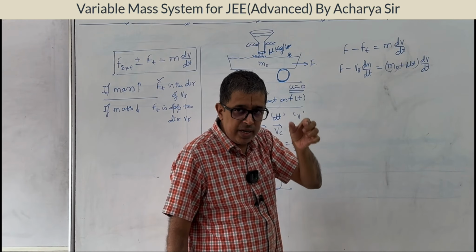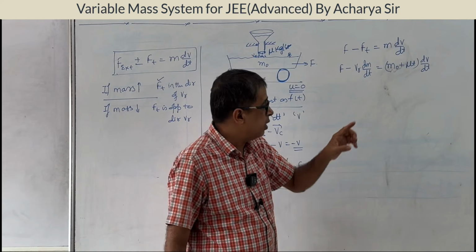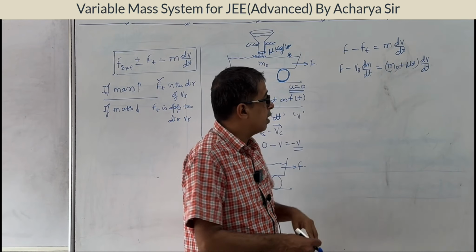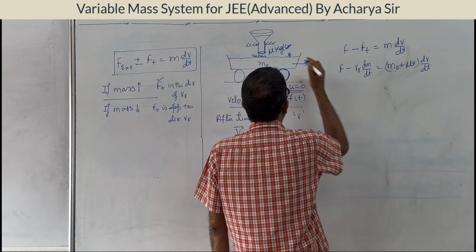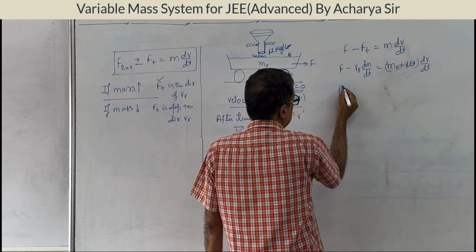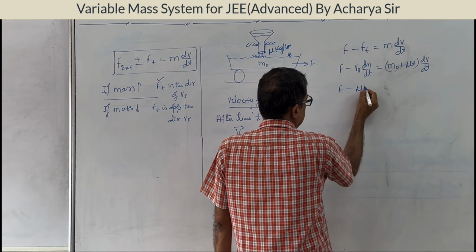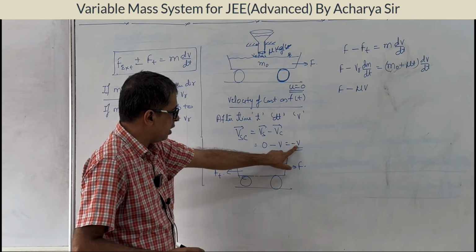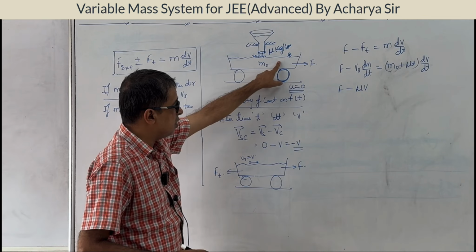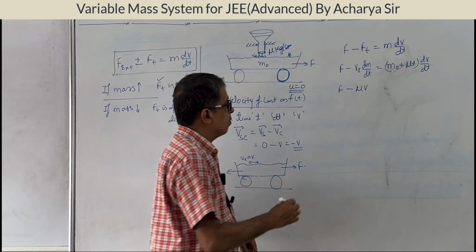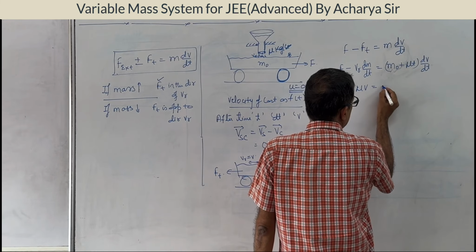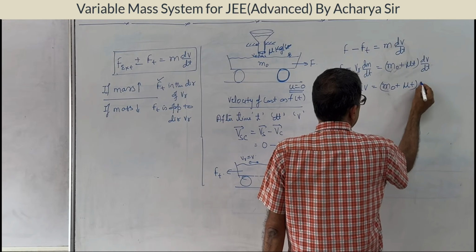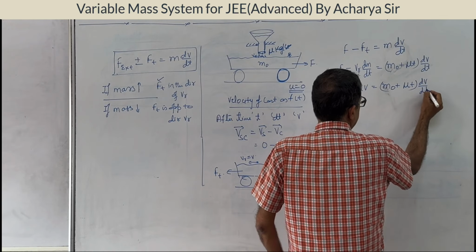Vr dm by dt, I have taken the magnitude. Negative sign because of the direction of the thrust force. Dm by dt is the rate at which sand is spilling into it. F minus mu v. And what is the value of relative velocity? It's equal to v, velocity of the cart, will be equal to m naught plus mu t into dv by dt.